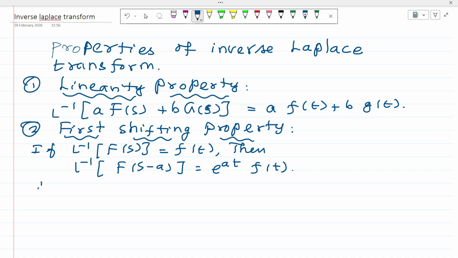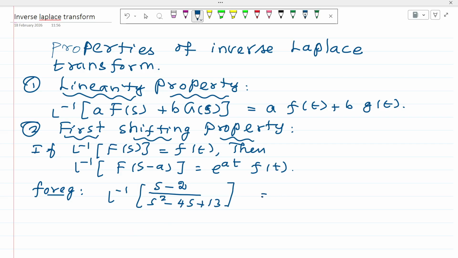See, one simple example I can give here. L inverse of s minus 2 divided by s square minus 4s plus 13. Now listen, we have to change it into s minus a format. So how to change this?